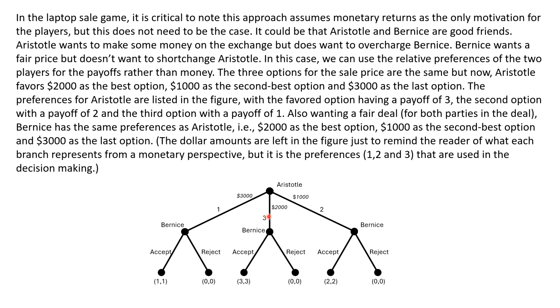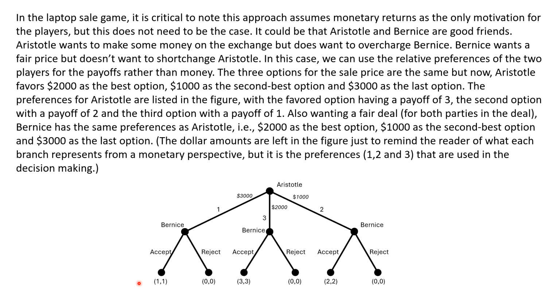Then in the second case here, if Bernice accepts, they would both have an effective payoff of 3, since they view this $2,000 as the most favorable option. And if she rejects, again, it's 0 on both sides. And then on the third case here, if Bernice accepts, again, because both Bernice and Aristotle have the same value system in terms of payoffs, it would be 2 and 2, and then 0, 0 if they reject.